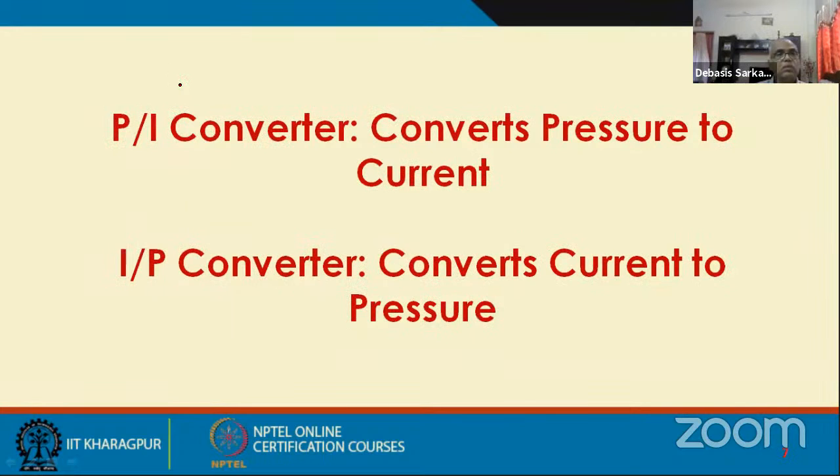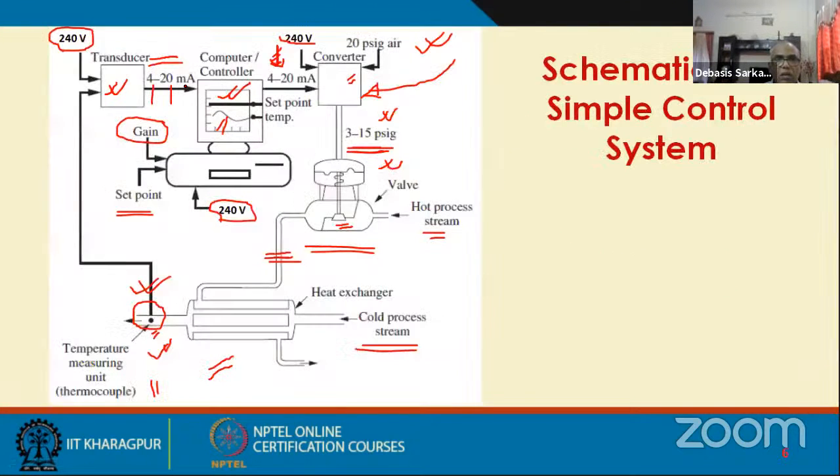Now, in this example, we saw that 4 to 20 milliampere current is being converted to a 3 to 15 psig pressure signal. So an I to P converter, or current to pressure signal converter, is required here. Similarly, there will be occasions where a pressure signal needs to be converted to a current signal.